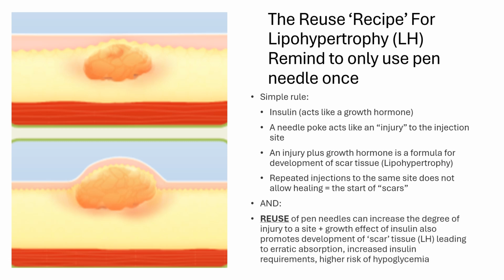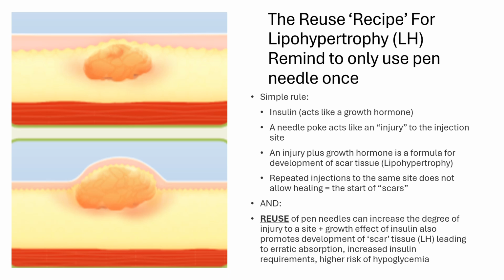And reuse of the pen needles can increase the degree of injury to the site, because if they use the same needle, it's getting more dull each time they use that needle. We know patients reuse their needles, and we know that it's a financial consideration most of the time. They should not use that same needle more than 4 times.